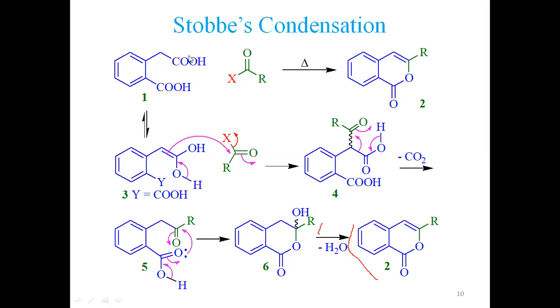Imine, enamine nomenclature. So that is tautomerism. Similarly, if we have a nitro group here, we shall get an aci-nitro form. So this proton, in the nitro case, in the carbonyl case, in the imine case, in all cases, present at this methylene carbon is labile. This proton moves to the nitrogen of the imine, or transfers to the carbonyl oxygen, or transfers to the oxygen of the nitro group.